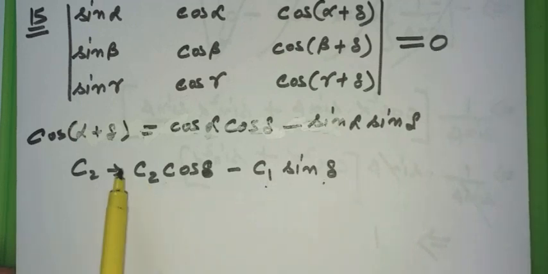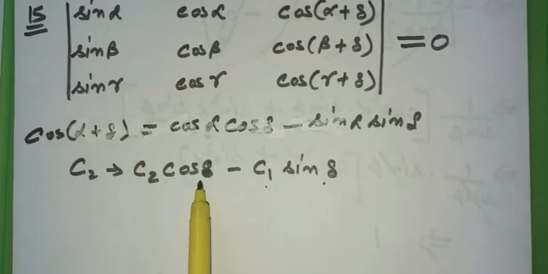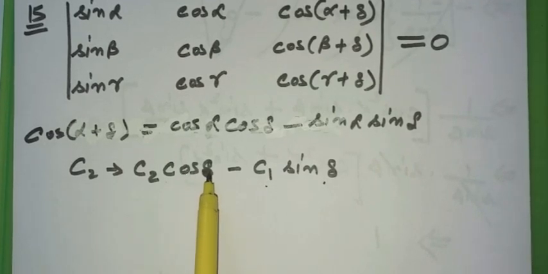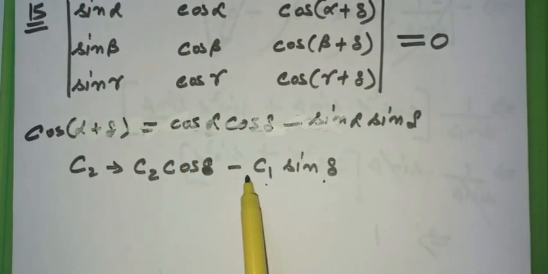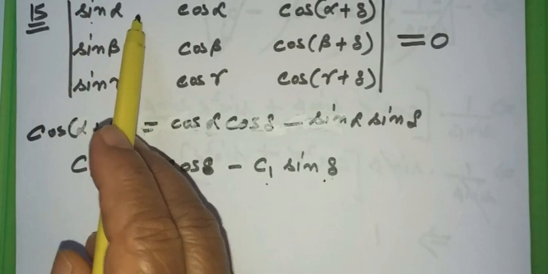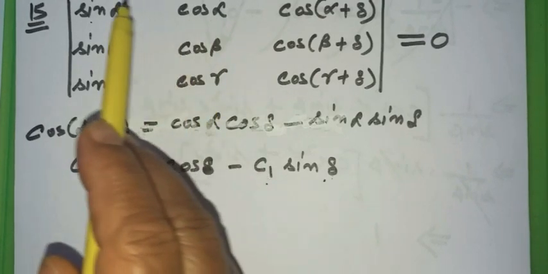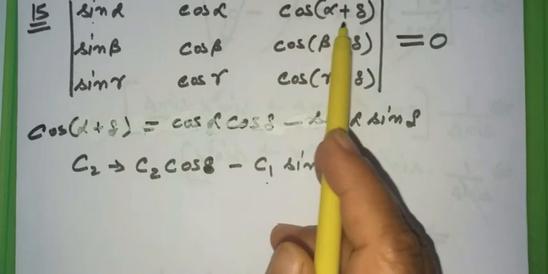So I make a change in column 2: I multiply column 2 by cos delta, so it becomes cos alpha cos delta, and then I subtract from it sin delta times C1, that is sin alpha sin delta. Cos alpha cos delta minus sin alpha sin delta becomes cos alpha plus delta, that is the same as this.